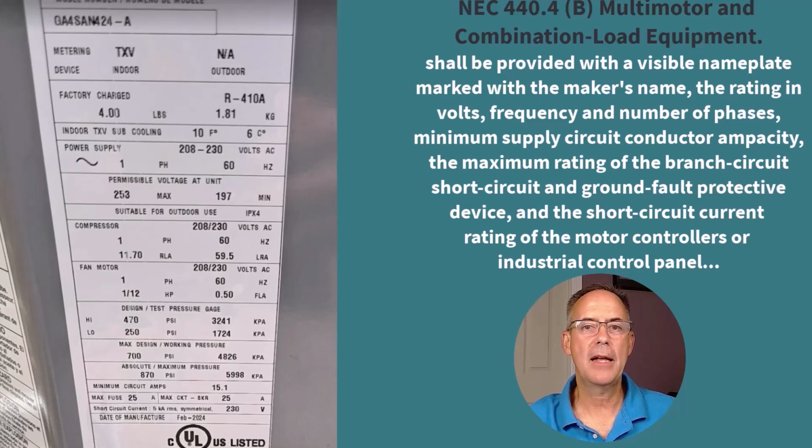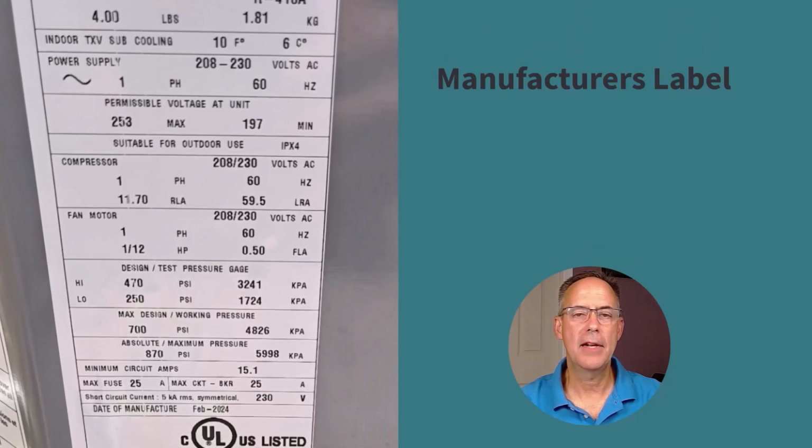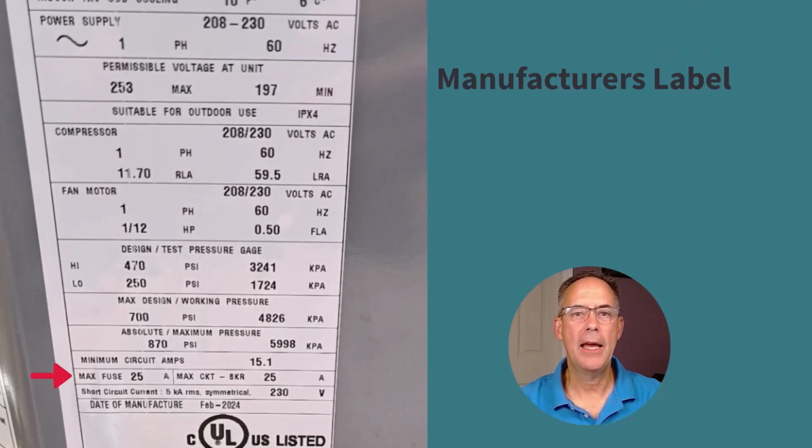So we know exactly what the overcurrent protection is required, or the ground fault protection, and what the minimum circuit ampacity is. The manufacturer's tag is going to provide for us the ground fault short circuit protection, or as it's listed on the label, maximum fuse and/or circuit breaker, and minimum circuit ampacity.